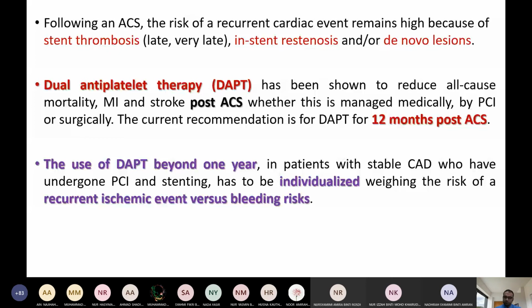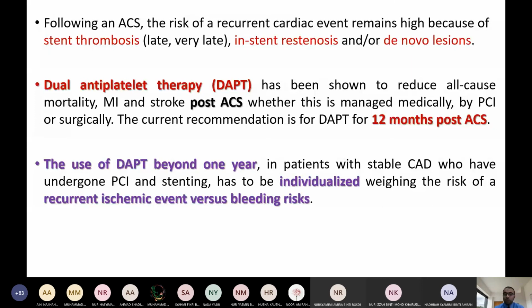There is no general recommendation to continue dual antiplatelet therapy in patients with ACS exceeding 1 year post the ACS, or post the cardiac attack or the acute coronary syndrome.